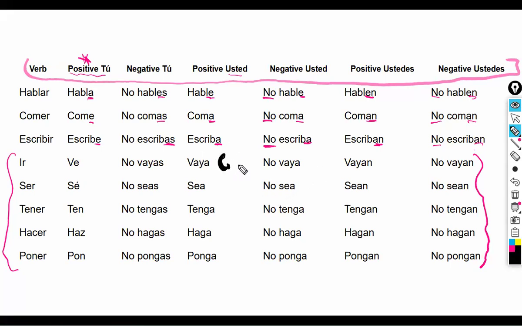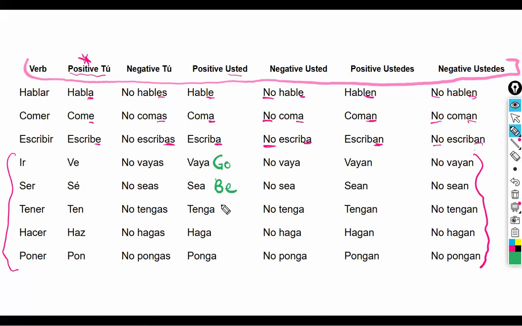So this one is vaya, go. Ser, be. And you also had estar as we were going through the slides as another irregular. Esté, estén, right?